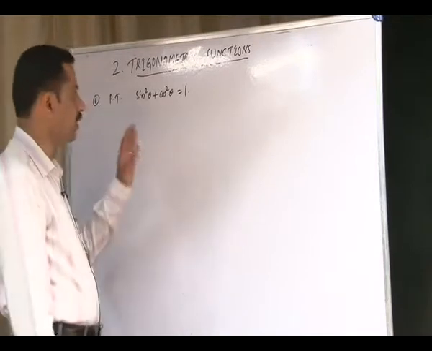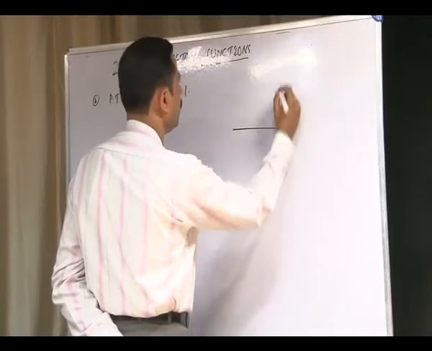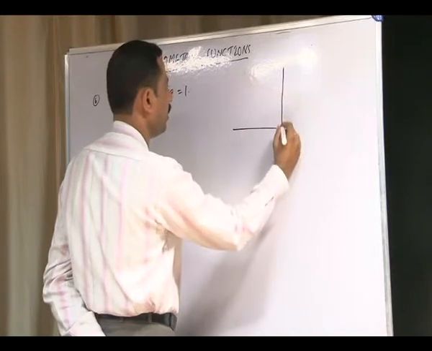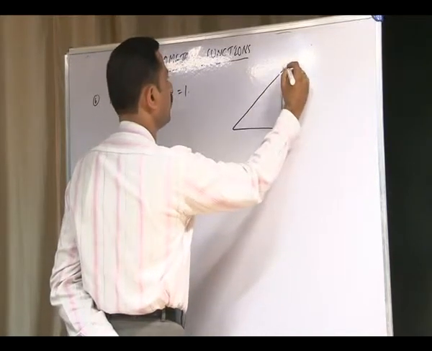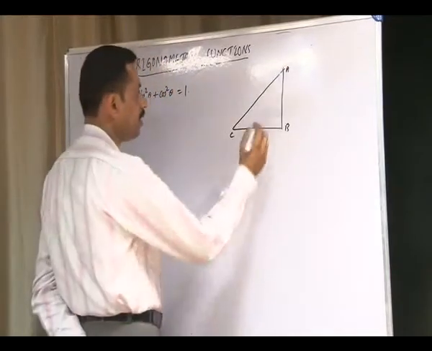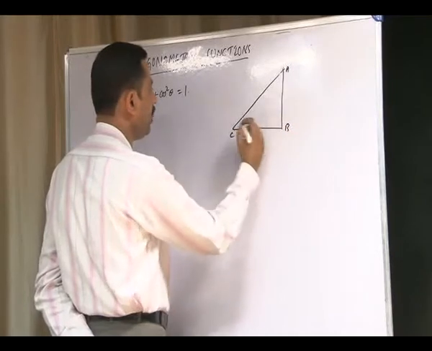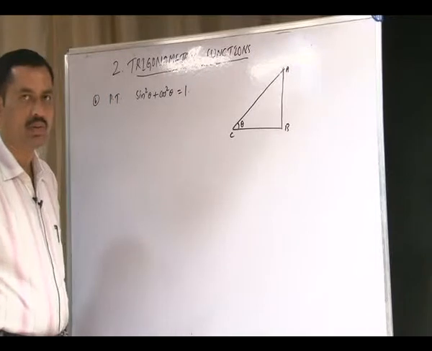To prove this relation, here I am going to consider one right angle triangle ABC. In this, let angle ACB is equal to theta.